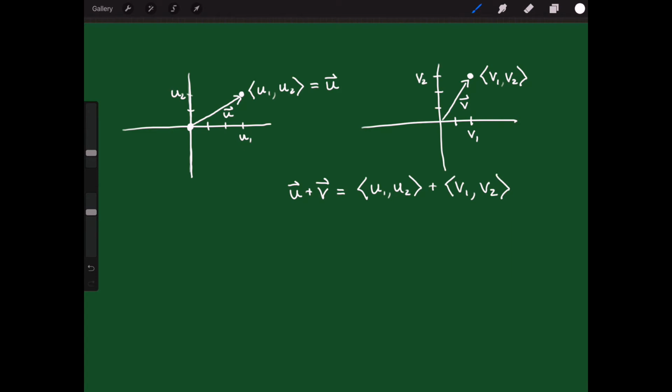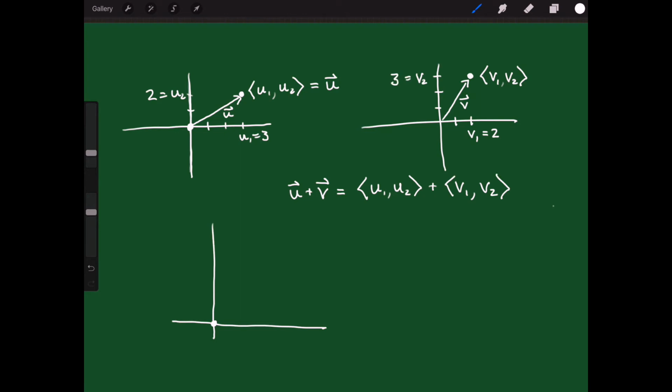And like I've shown you before, the way that I add vectors is I take u first. So u says go over, let's say, in this case this is 3, in this case u2 is 2, in this case v1 is 2, and v2 is 3.